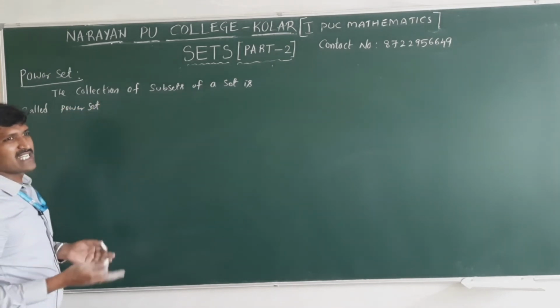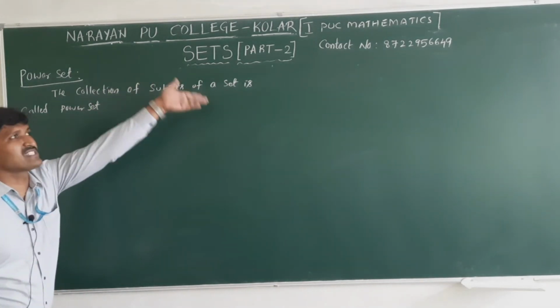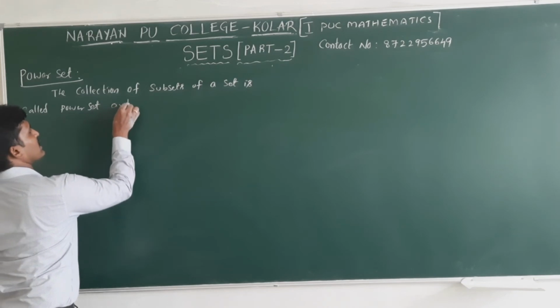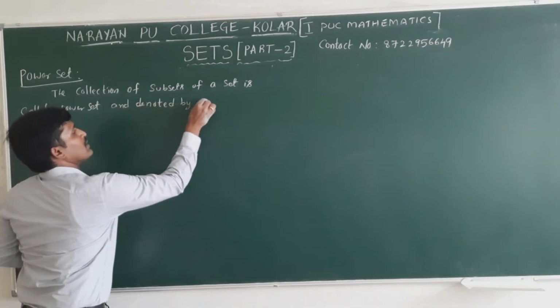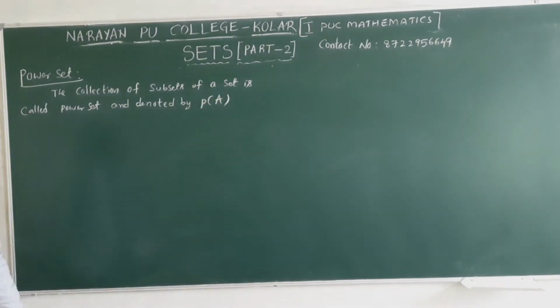A collection of objects is generally called a set. The collection of subsets of a set is called a power set and is denoted by P of A. If A is a set, you take P of A; if B is a set, P of B, like that you will take.